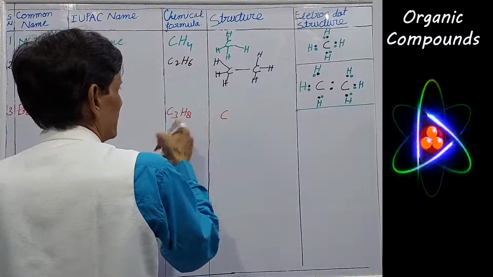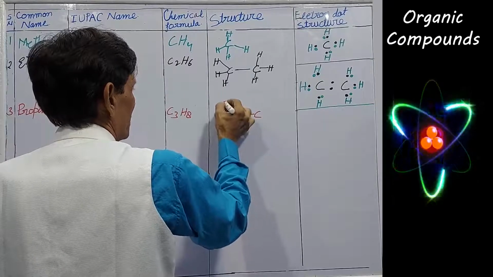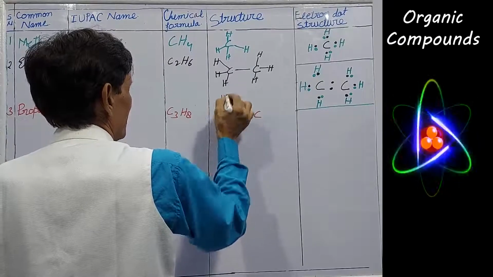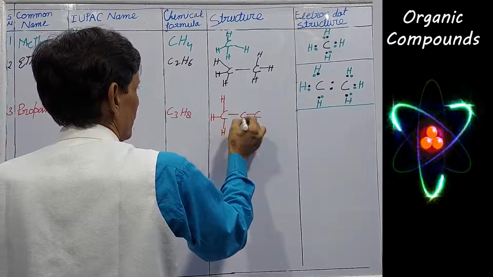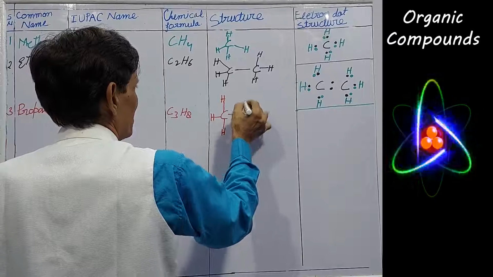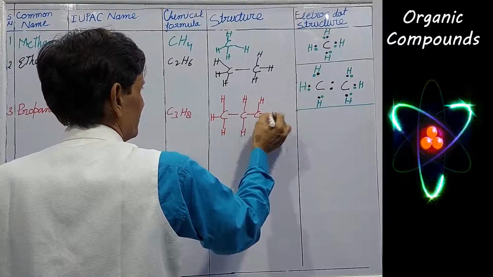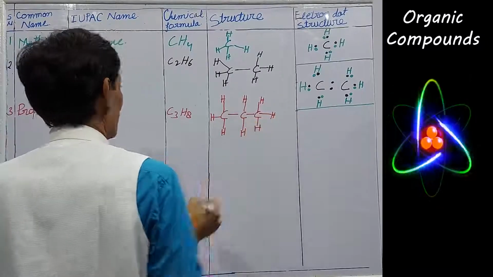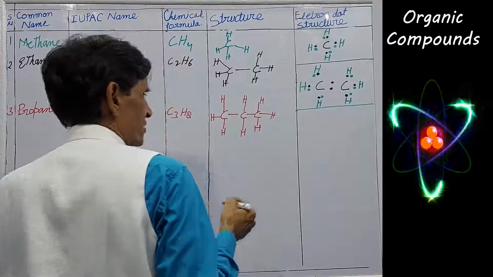See how to draw 3 carbon atoms: 1, 2, 3. Now draw the hydrogens: 1 hydrogen, 2 hydrogen, 3 hydrogen. 4 valencies should be there for each carbon. This is the structure of propane. Now the electron dot structure.